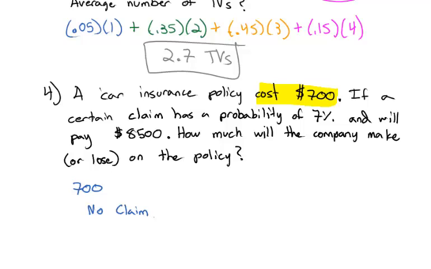And there's no claim. That means the insurance company, that's the perspective we're taking, how much does the company make, not the customer. The insurance company brings in $700 and the probability this happens, well, if there's 7% chance of an accident or a claim, then the opposite, there's 0.93, is the probability that no claim is filed.